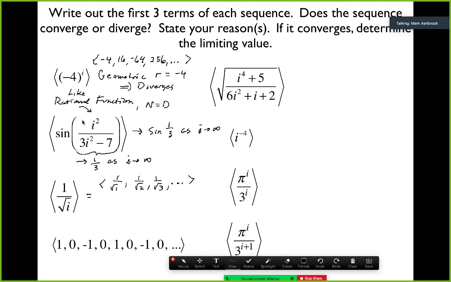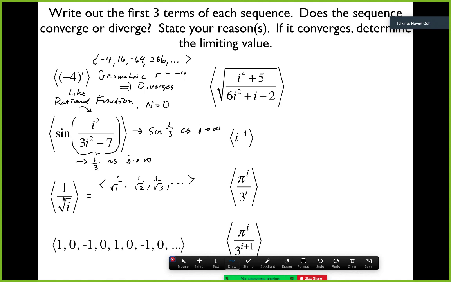So what we did notice is that we have a rational function, and we could use our comparative analysis of the degrees. What about this one? Converges to 0. Why? Because it's a p-sequence and p is greater than 0.